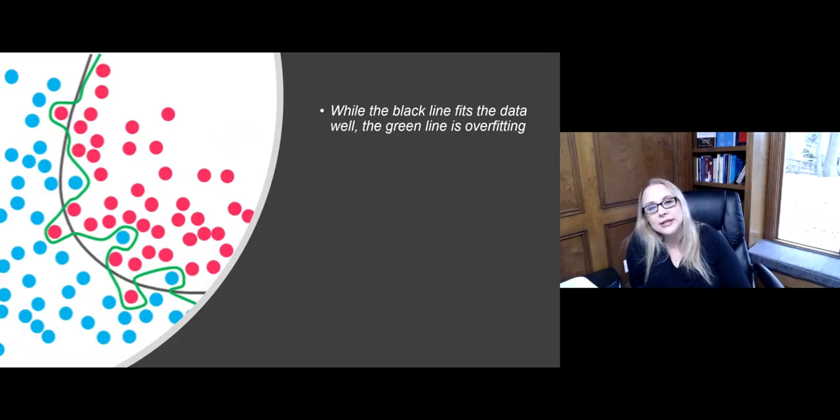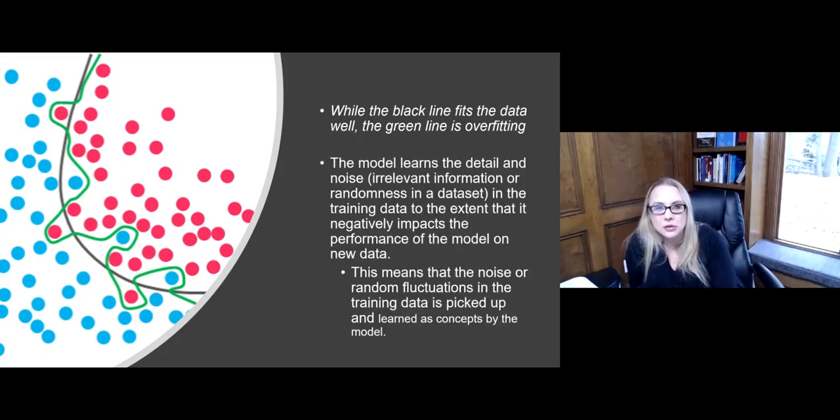So going into this a little bit more, we have this diagram here where the black line is going to fit the data pretty well, but we can see that the green line here is significantly overfitting and trying to differentiate here between the blues and the reds. So the model here is learning the detail, the signal and the noise, and it's incorporating irrelevant information or the randomness in the data set.